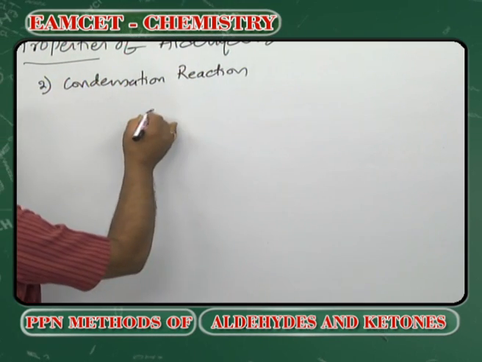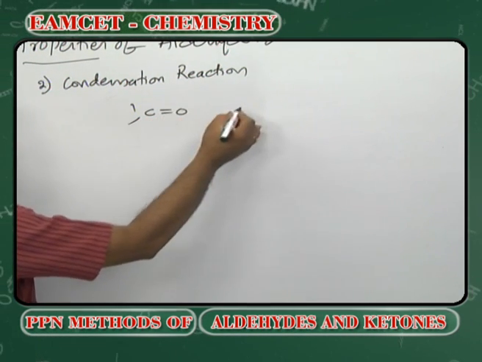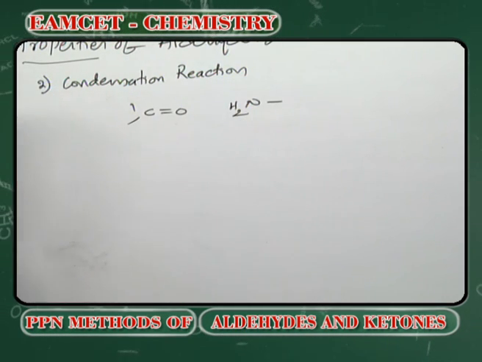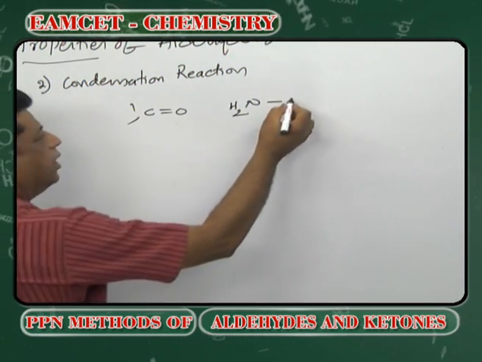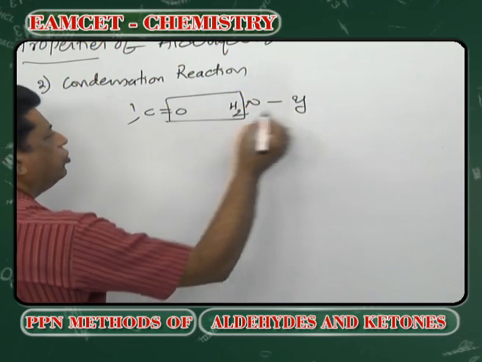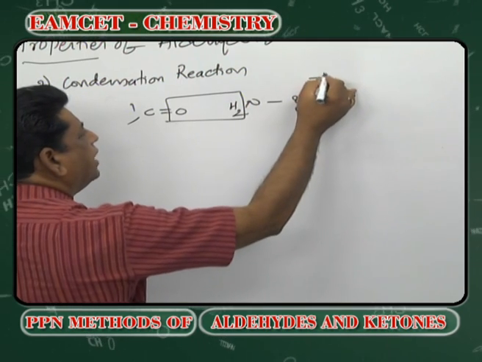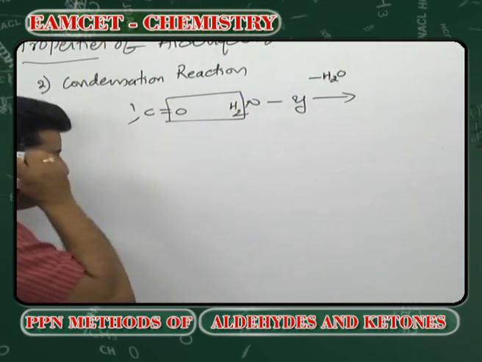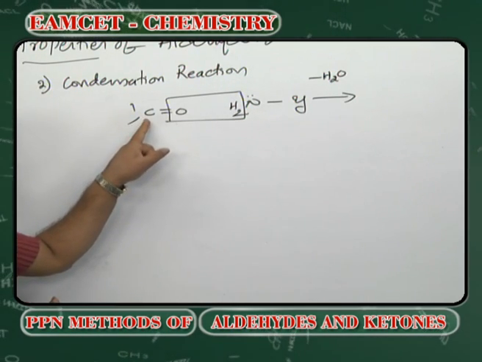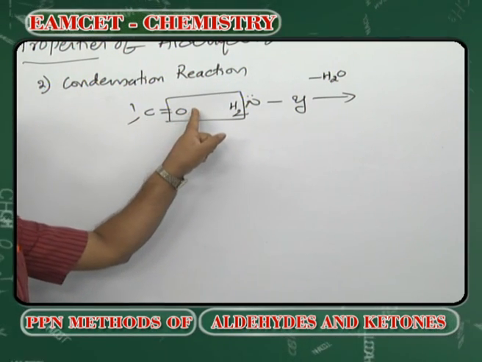The condensation reactions are like this. A compound containing 2 hydrogens on ammonia containing a Y group: if you add it, what is happening is the O and the H2 together are eliminated as H2O. Actually, this ammonia as a nucleophile attacks here and the hydrogen is shifted in the nucleophilic addition.